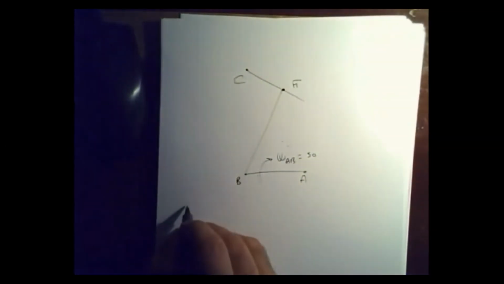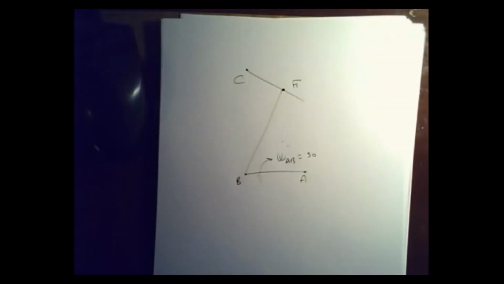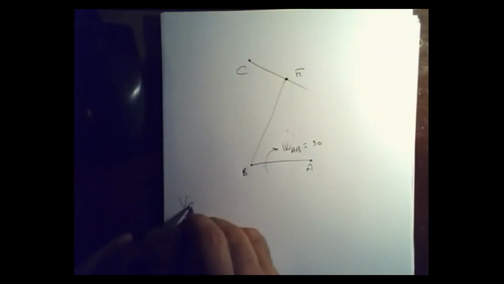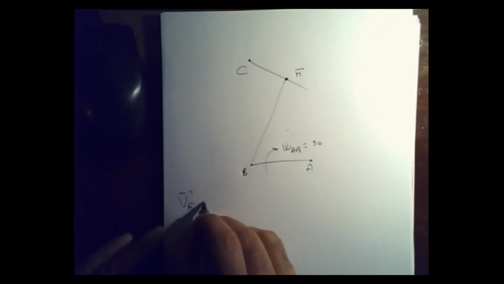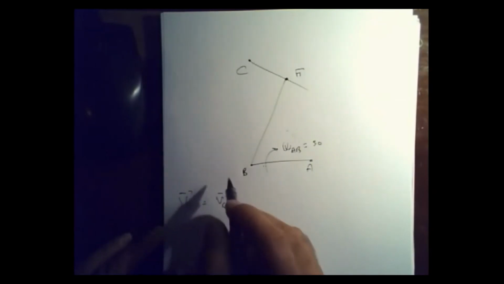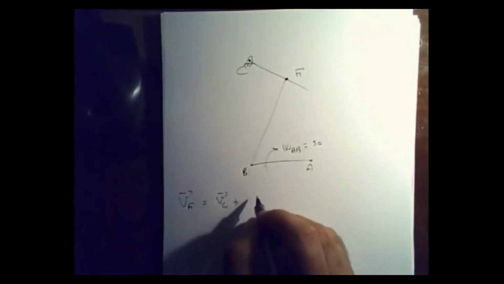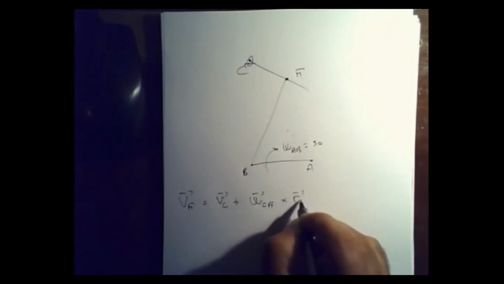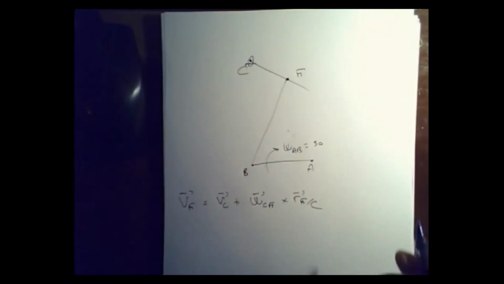This is F, and this is C. So just like what I mentioned, I can say VF is equal to VC, but I know VC is equal to 0, right? So this is like hinged like that. VC plus omega CF cross RF with respect to C.